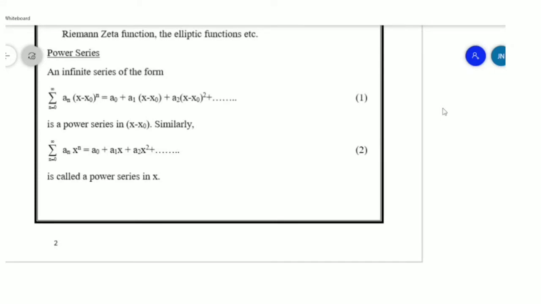So a power series is an infinite series of the form summation over n from 0 to infinity of an into x minus x0 raised to n.